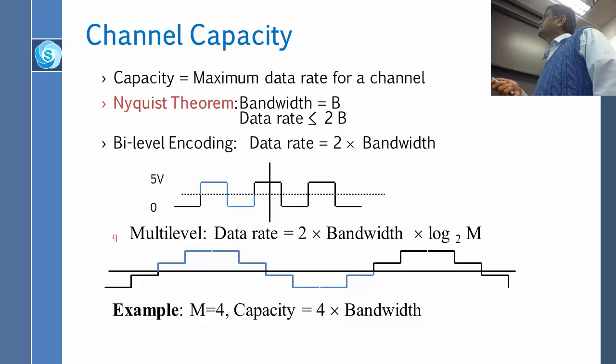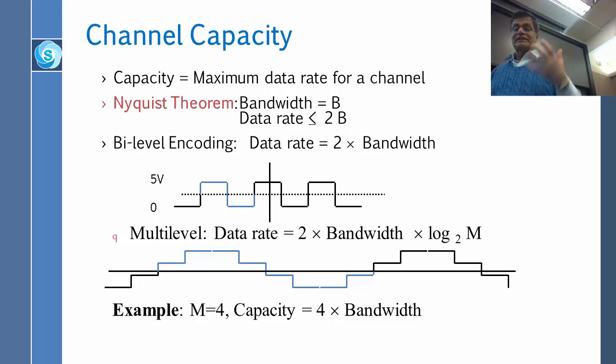And that cycle is how much? If everything is 1 second, then the cycle is 1, 2, 3, 4, 5, 6, 7, 8, so 1 cycle per 8 seconds. We have 2 bits per second, but 1 cycle of it. So basically, your capacity is 4 times the bandwidth.